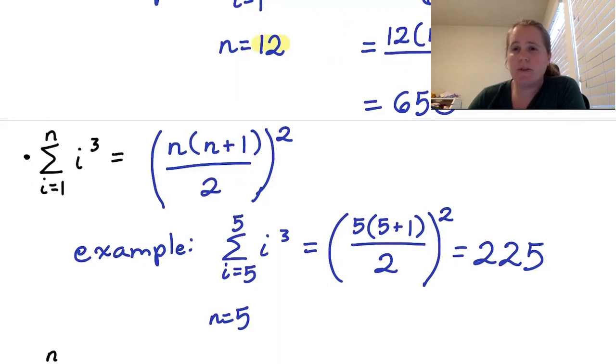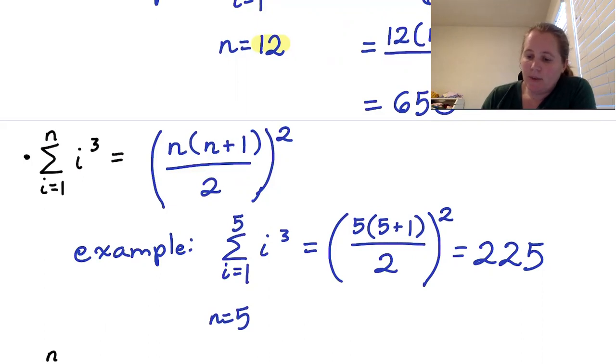That 100 plus the original 125 is indeed 225. So this is just a faster way of finding the summation of i cubed from i equals 1 to 5.